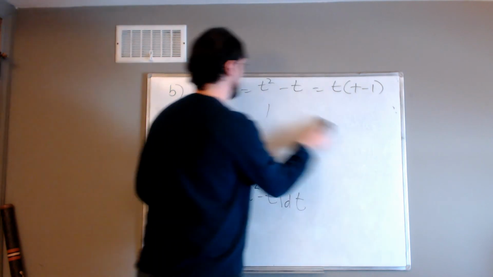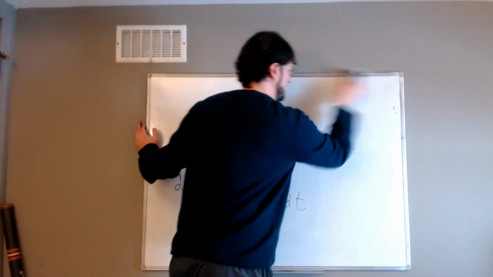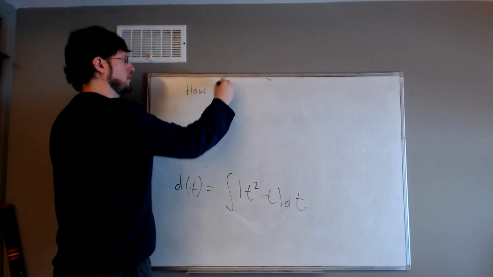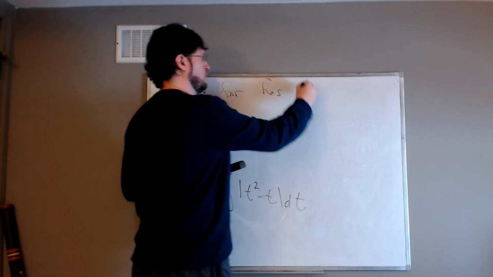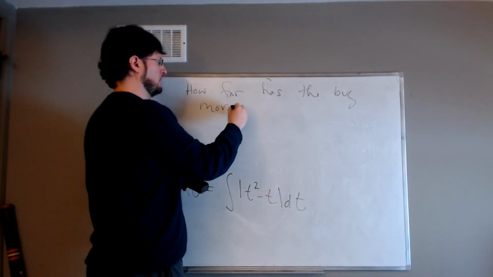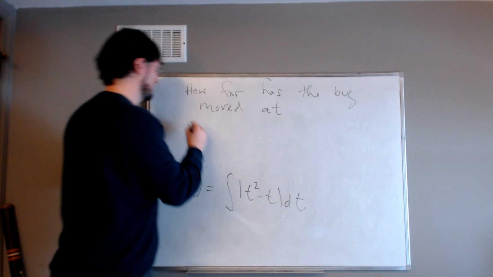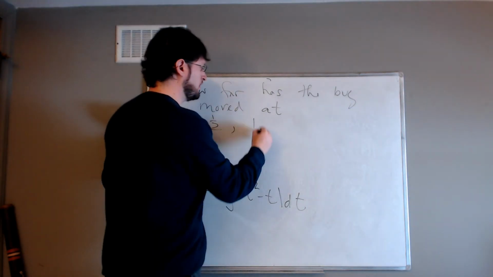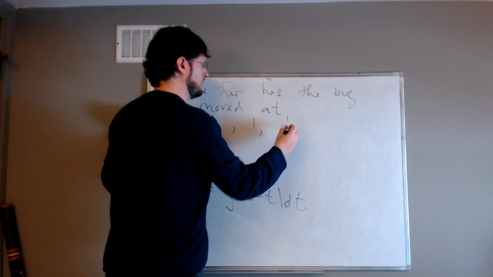Let's ask a more specific question first, and then we'll come back and answer the general one. How far has the bug moved at the following times? Let's say t equal 1/2, t equal 1, t equal 1.5.